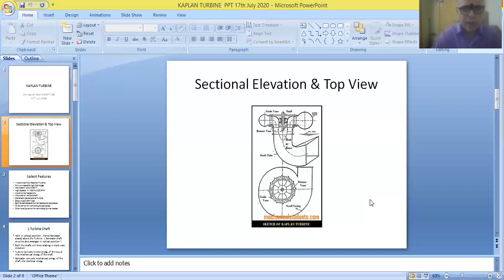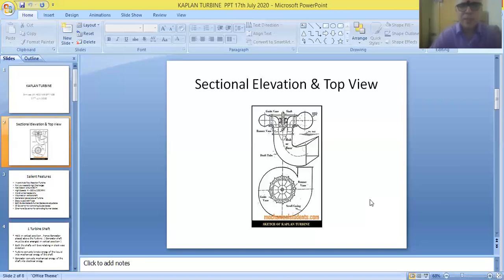All the items will be visible in the form of circles in the top view of the machine. But the draft tube is fitted below the runner, so it is not visible in the top view of the turbine. So friends, sectional elevation is very, very essential for indicating the arrangement of the draft tube.